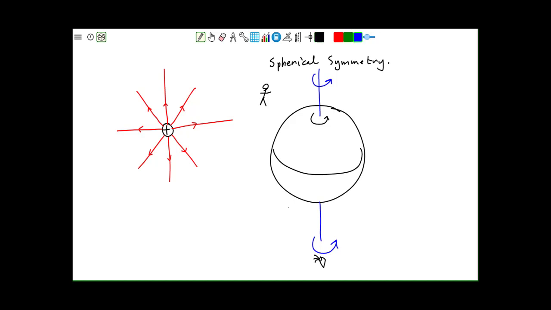We could choose an axis of rotation that passes through the middle of the sphere. The sphere looks the same as it rotates. We could even choose an axis of rotation along a diagonal. The sphere will look the same as it rotates about that axis. So this is the nature of something that has spherical symmetry.